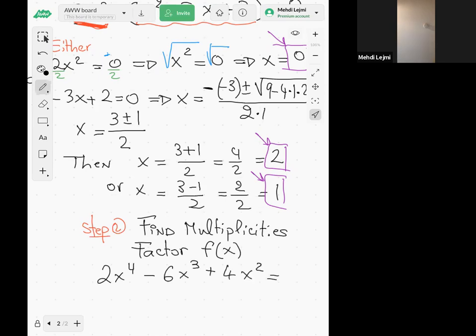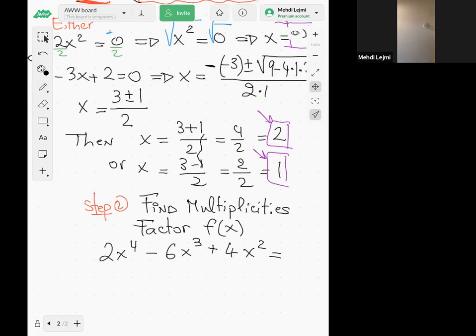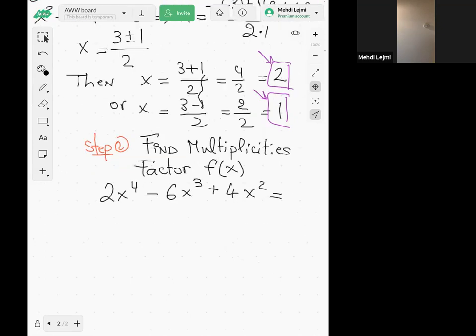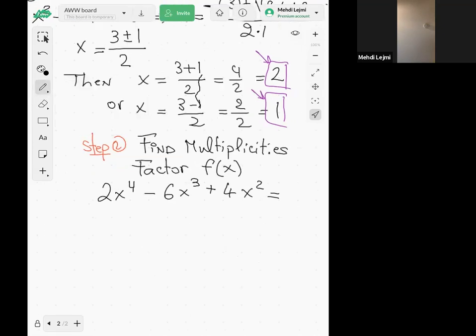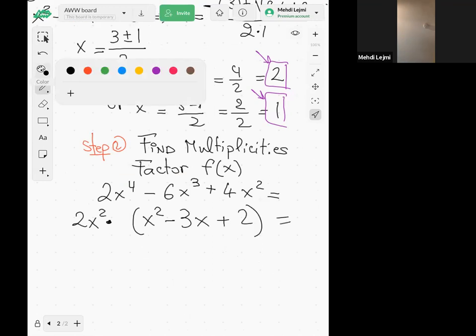We said a common factor would be 2x squared, right? So we can factor out 2x squared. So here's my 2x squared times x squared minus 3x, and then plus 2, right? So I got my first factor here, and now I have to factor this.